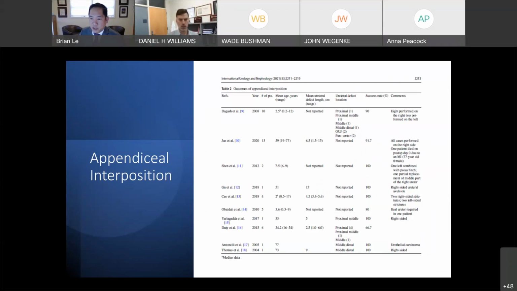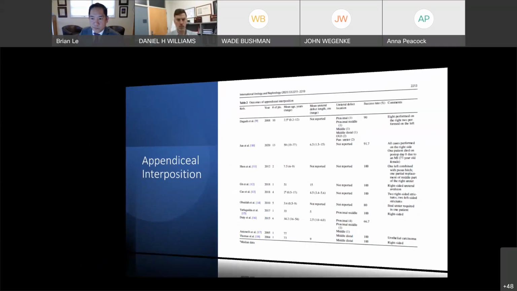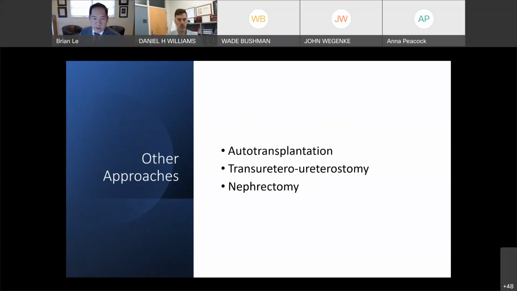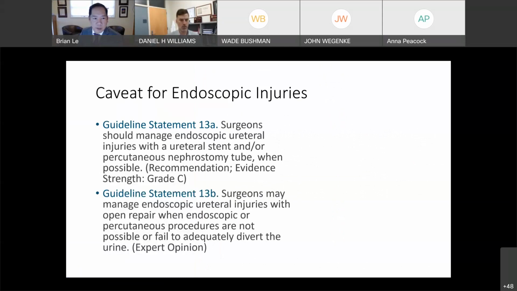In these series, people are doing both left and right-sided, but you see some people do exclusively right-sided when considering using the appendix. And single-stage tubularized graft, when talking about buccal mucosa, doesn't work very well. Limited on time, I'm not really talking about autotransplantation, TUUs, and we all know what a nephrectomy does.